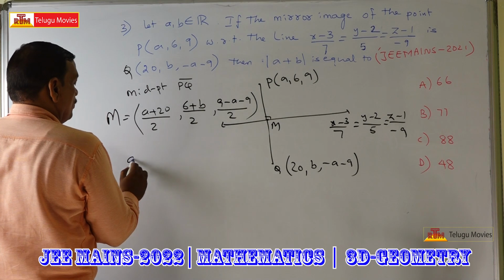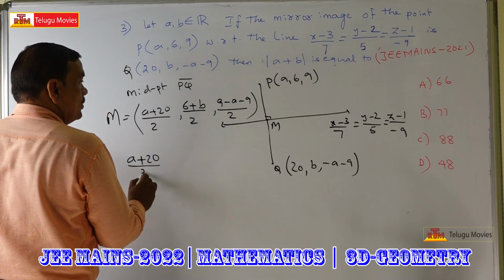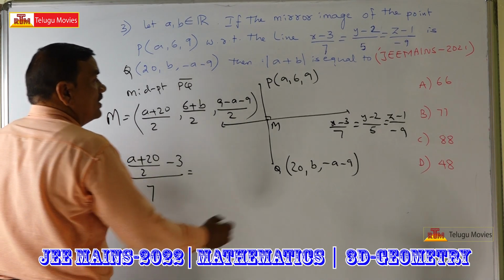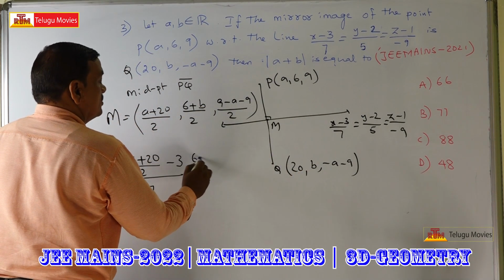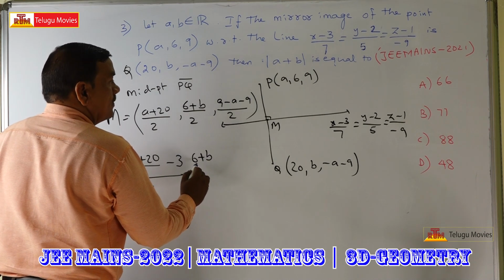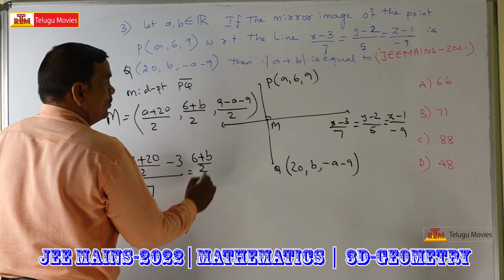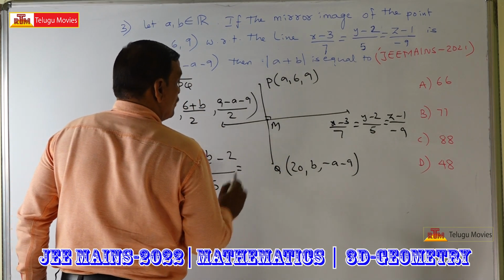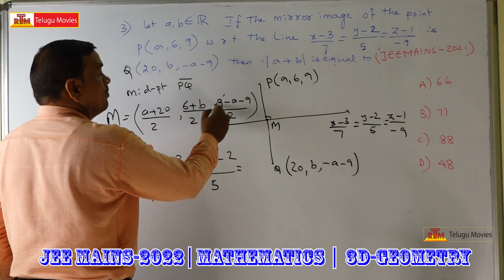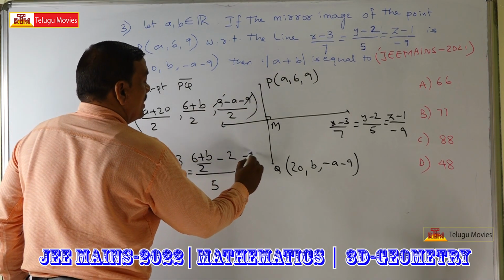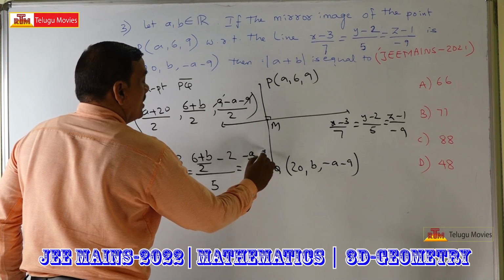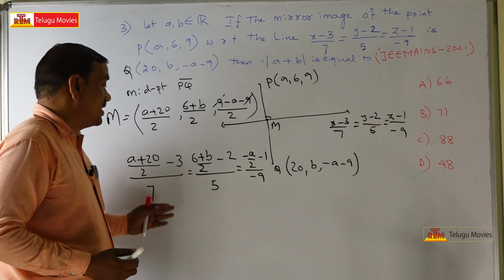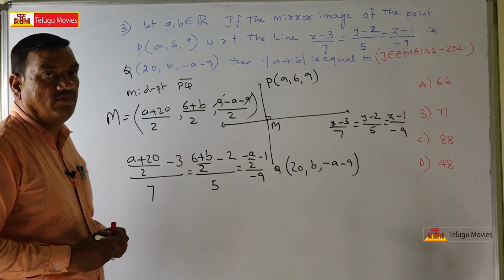So, ((a plus 20)/2 minus 3)/7 is equal to, what is the y value? ((6 plus b)/2 minus 2)/5 is equal to, what is the z value? Plus 9 minus 9 cancel, (minus a/2 minus 1)/minus 9. Okay? So, we got equations in the variables a and b.